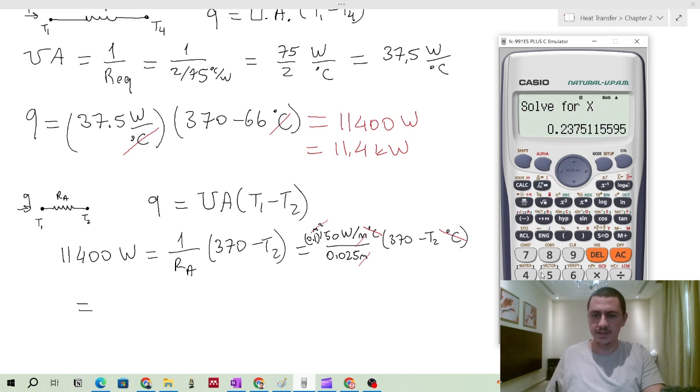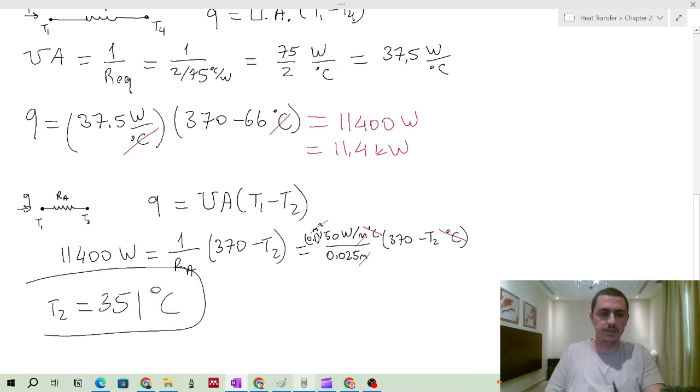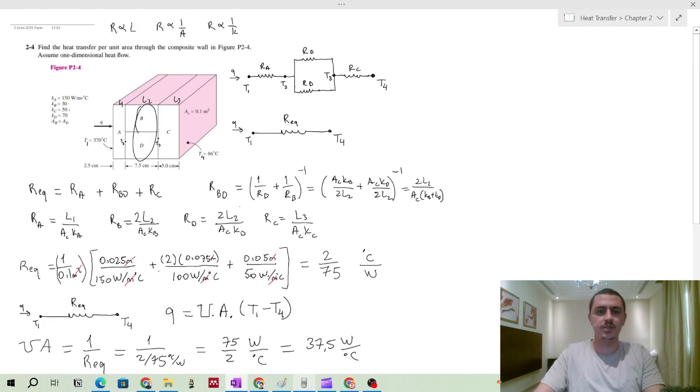Here you guess, let me say 300, I'm guessing a close value. Okay, so it will converge quickly when you assume the temperature value. So don't say 0, say a value very close to 370. 351. So T2 is found as 351 degrees of Celsius.